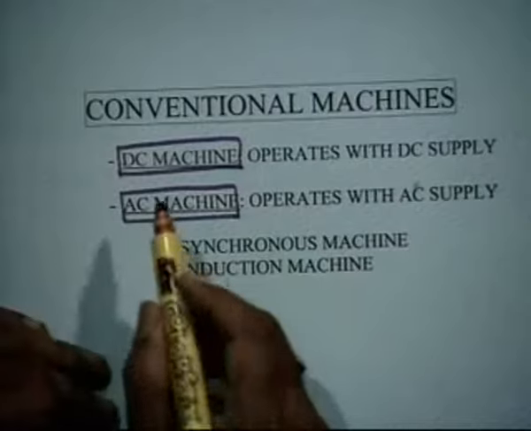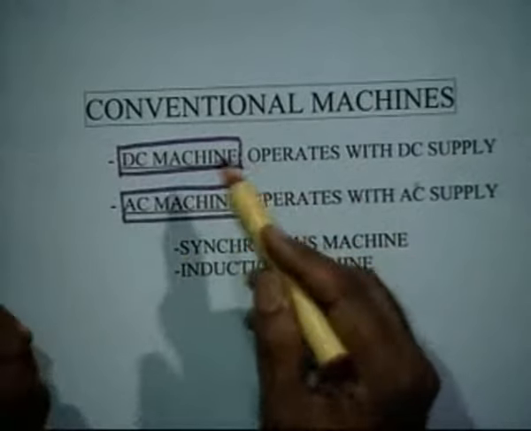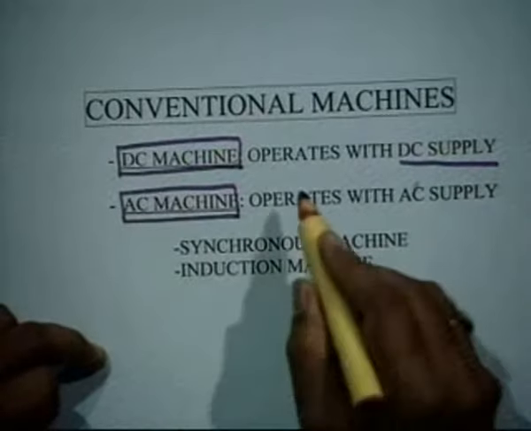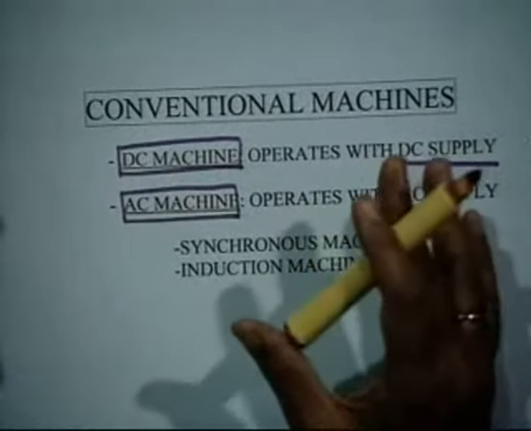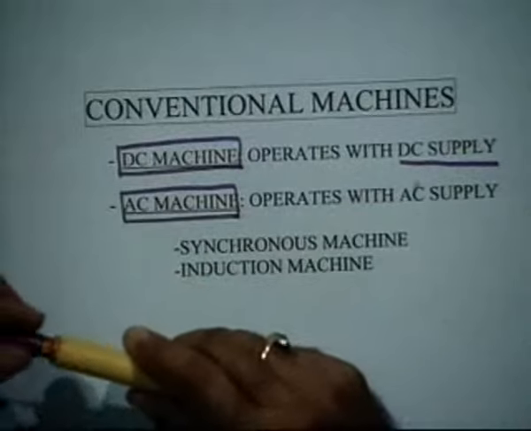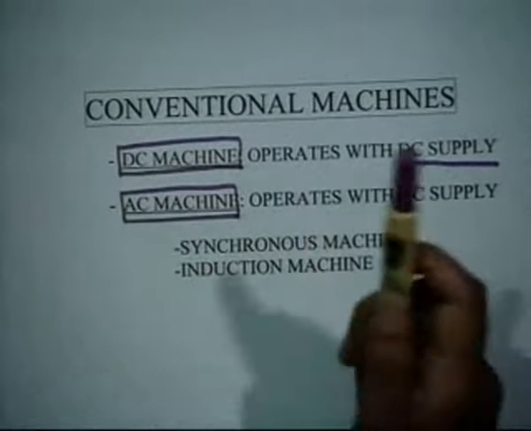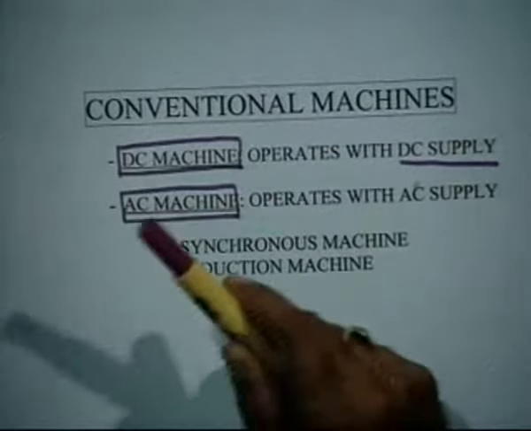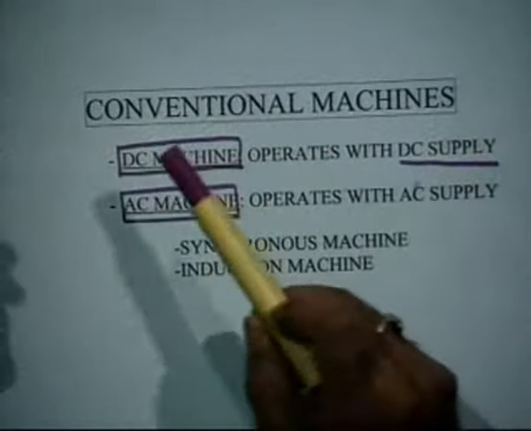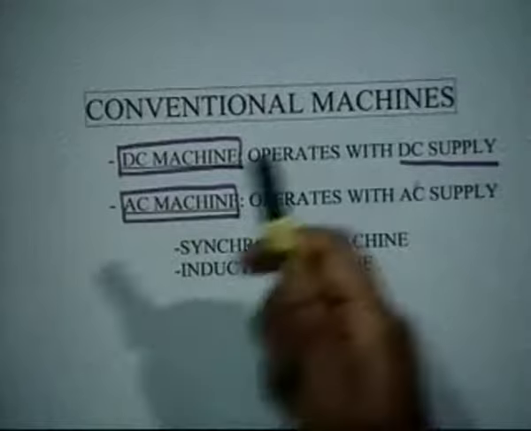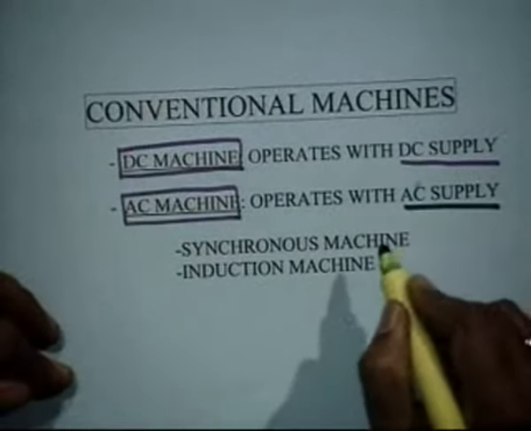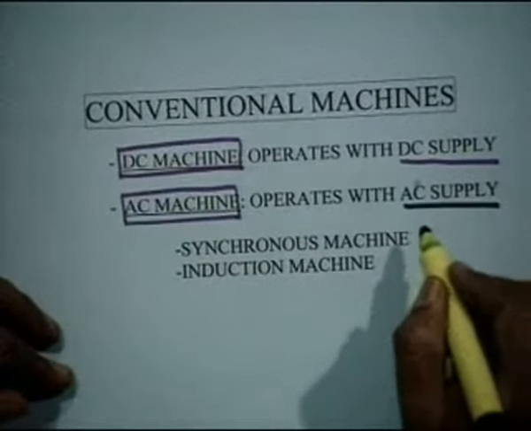We call it a DC machine because it operates with a DC supply; in general the power generated is DC and the power taken out is from a DC source. Similarly, we call an AC machine so because it is operated from an AC supply.